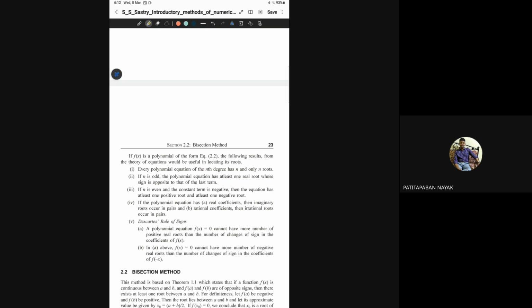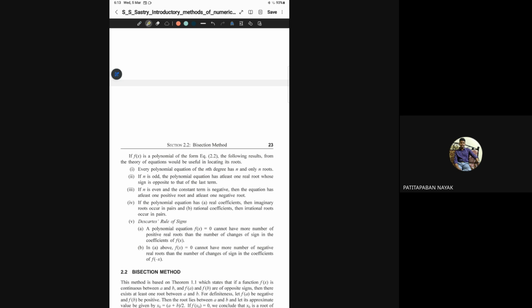Okay. If n is odd, the polynomial equation has at least one real root whose sign is opposite to that of the last term. This is very important. You know, if x square is equal to minus 1, then both the roots are imaginary, plus i and minus i, right?